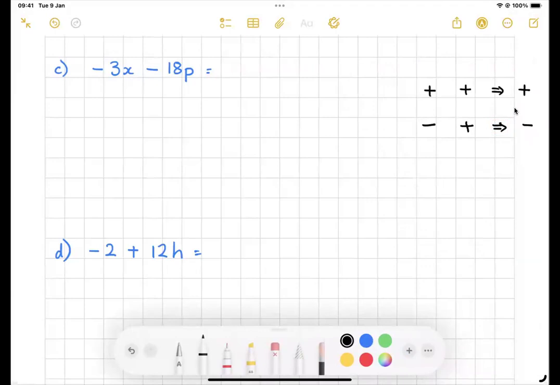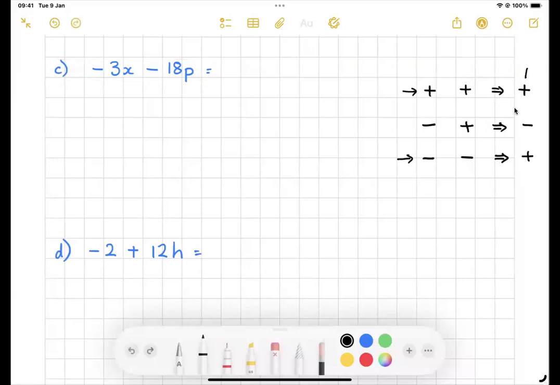If you get a negative number and a negative number, you get a positive answer. The gist is if the signs are the same, you get given the exact same sign, it leads me to a positive number.